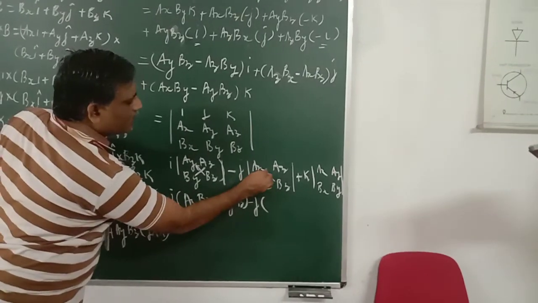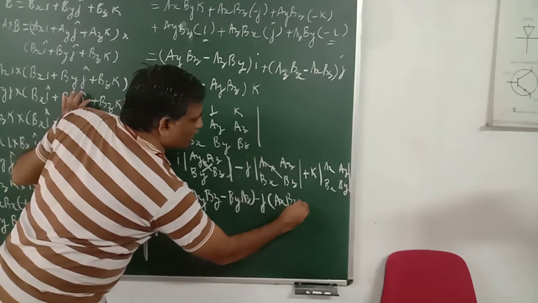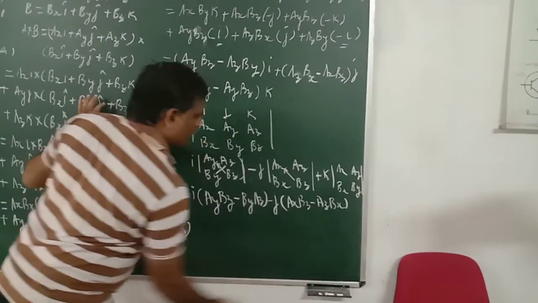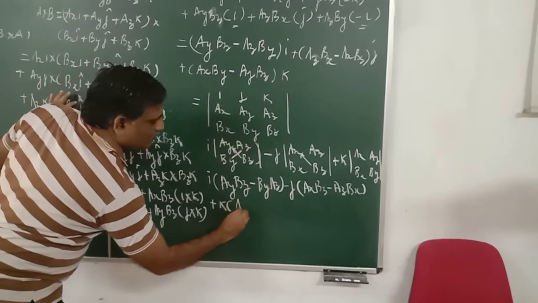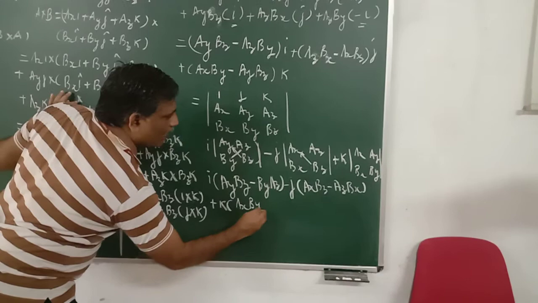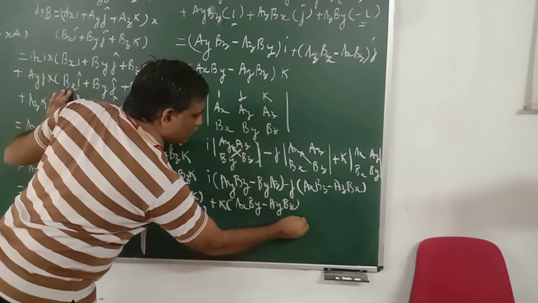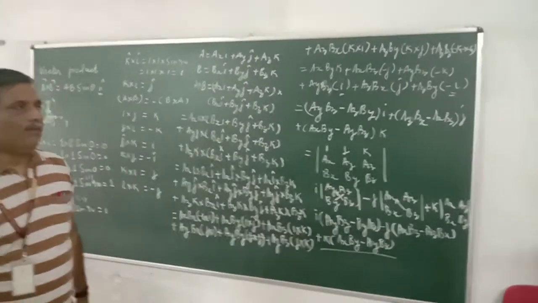Again from here to here, that becomes (AX BZ minus AZ BX), and plus k times (AX BY minus AY BX). So this is the vector product in determinant form.